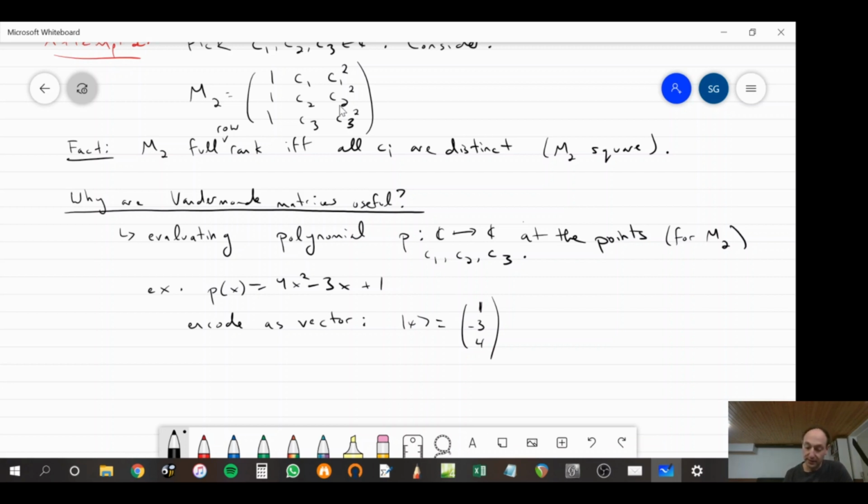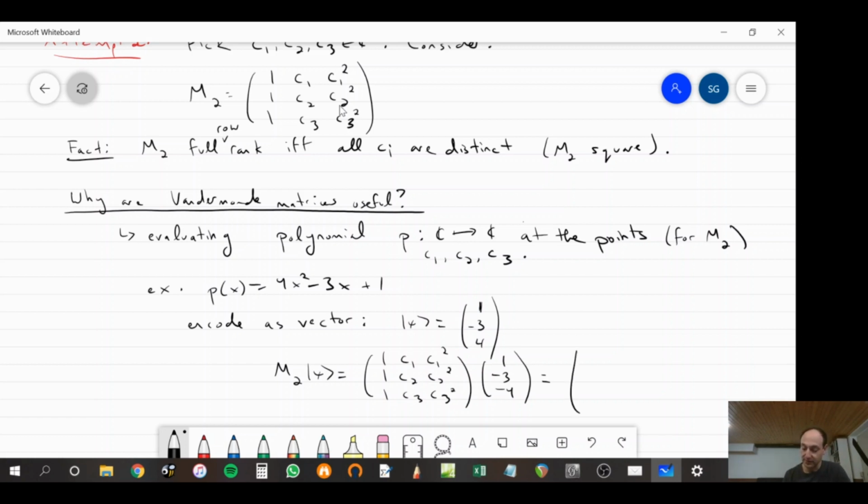And now, if I take M2 times psi, what will I get? Well, I'll get the rows 1, C1, C1 squared; 1, C2, C2 squared; 1, C3, C3 squared, times 1, minus 3, 4. Now if you work this out, what is the first entry?